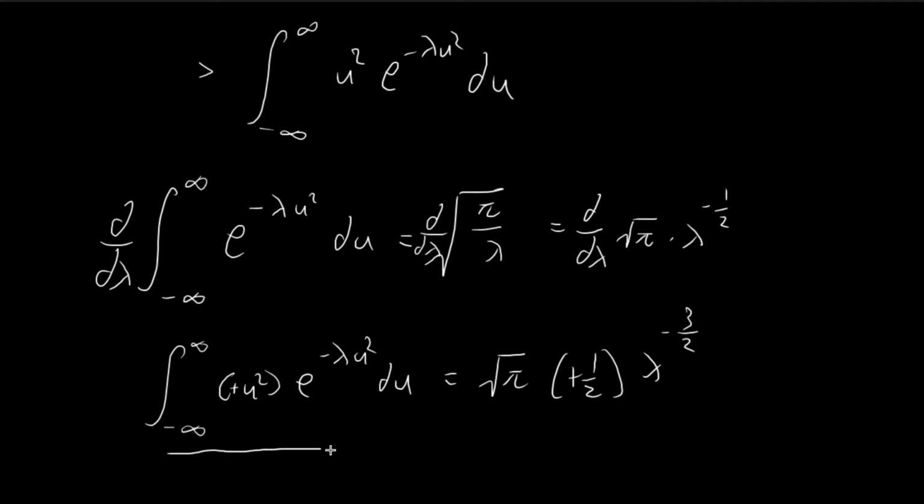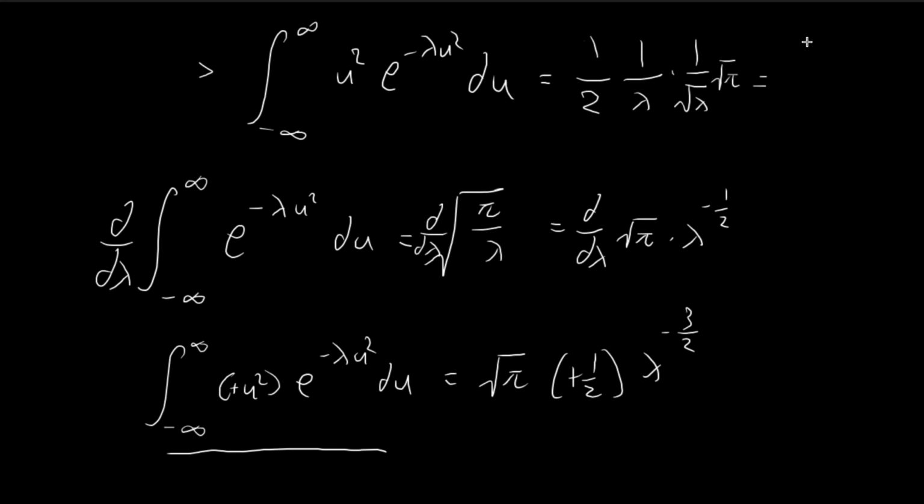And on the left-hand side, this is precisely the expression that we want to evaluate. And this tells us that this expression is just equal to, first of all, 1/2. And then we have lambda to the power of negative 3/2, so that's just equal to 1 over lambda times 1 over square root of lambda. And also don't forget our square root of pi.